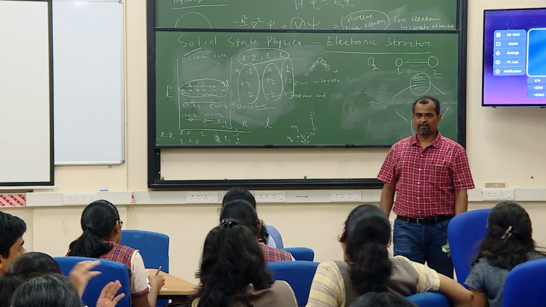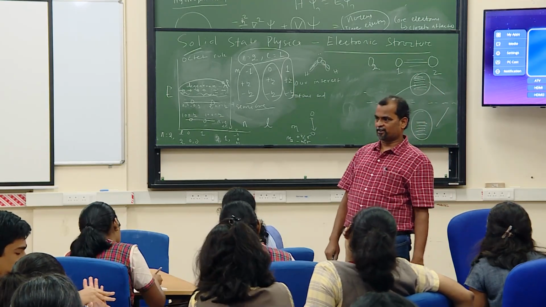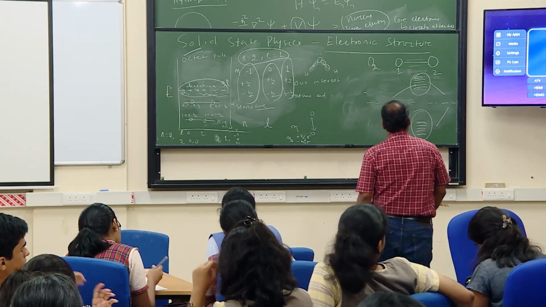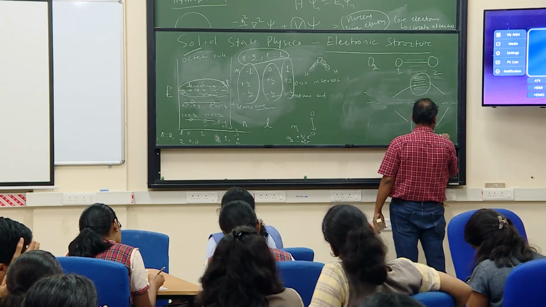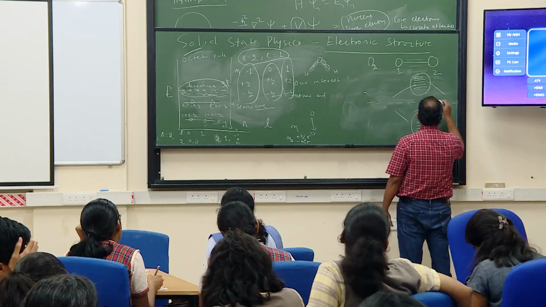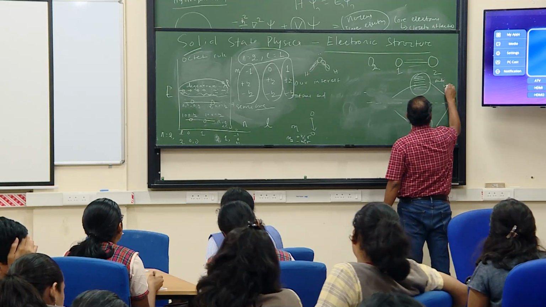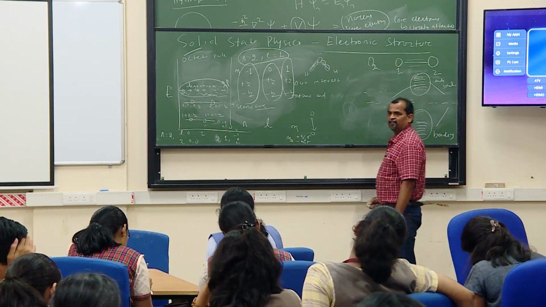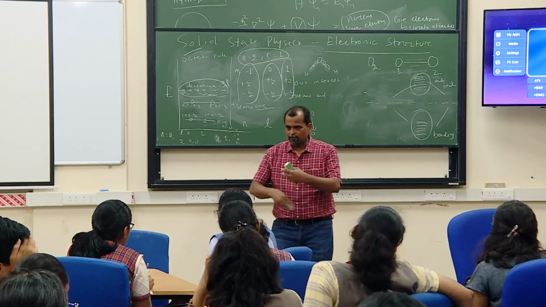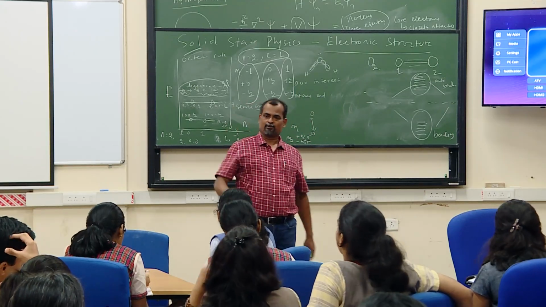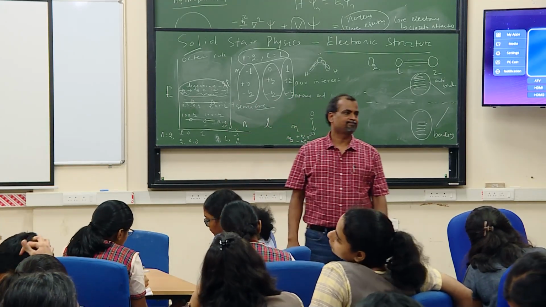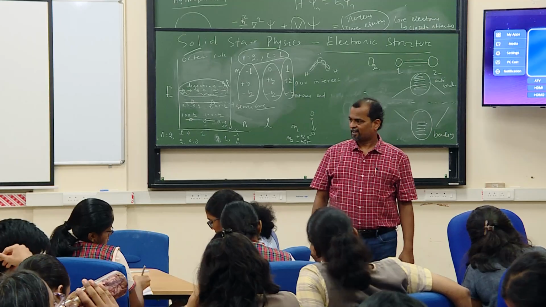Some of them are energetically lower and some energetically higher. By habit you call them bonding and anti-bonding. The bonding states start being occupied first, then the anti-bonding states.